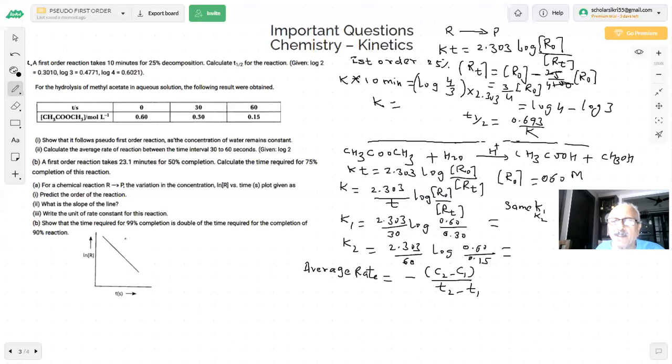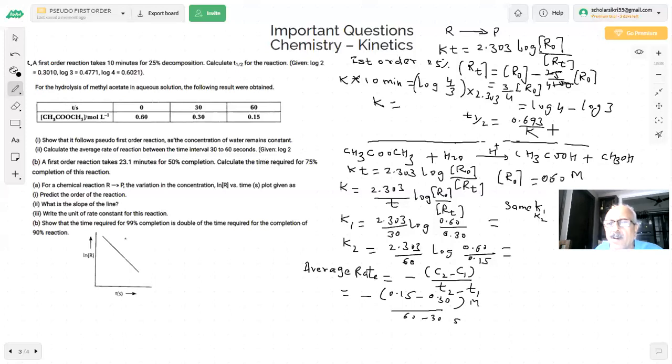Put the values. Minus of what is the C2 value? Concentration at 60 seconds, 0.15. Very good. Minus 0.30, divided by 60 minus 30. The time period is 60 minus 30 seconds. This is molar.